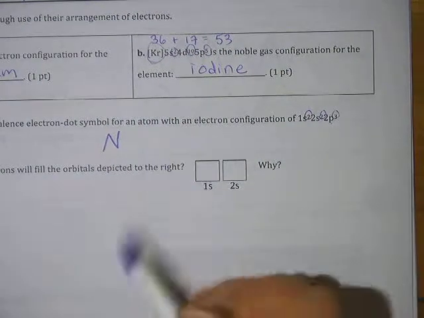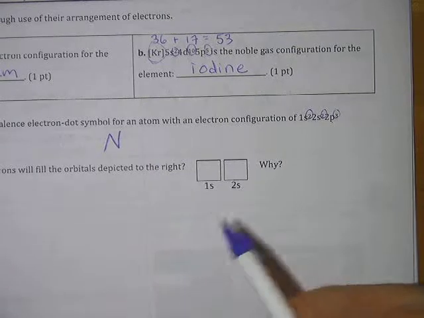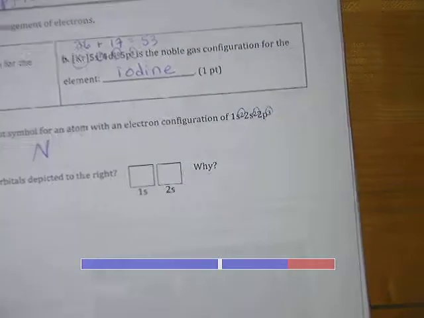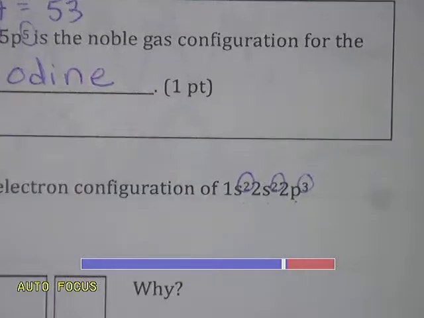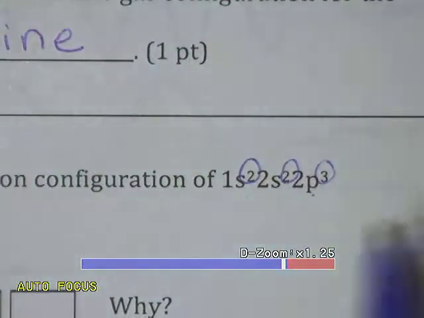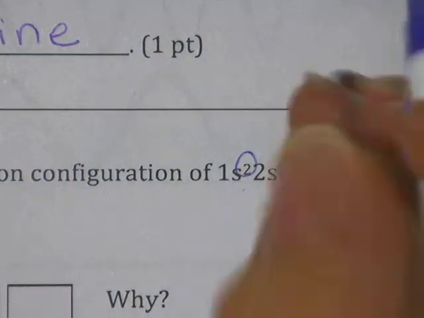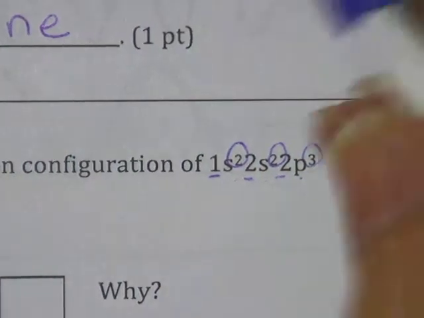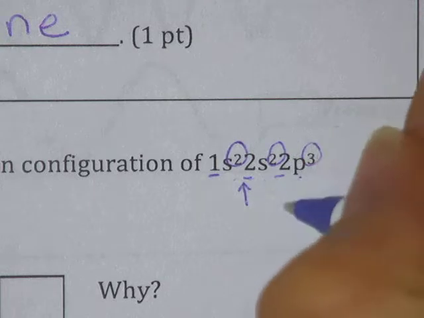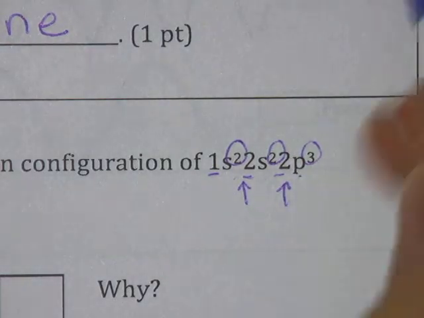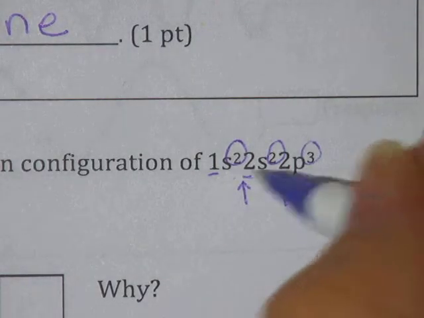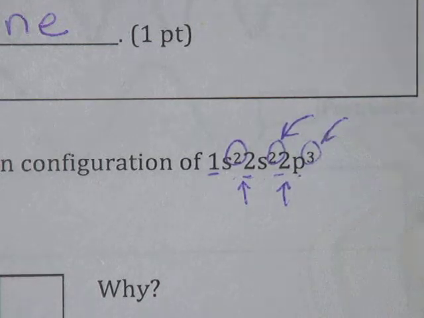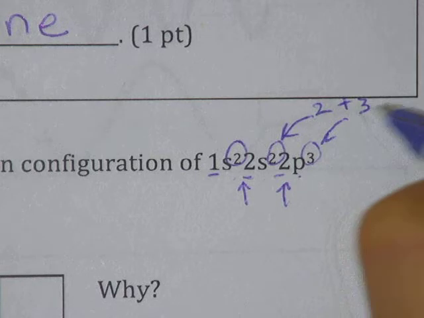And then the dot structure would be putting on the dots for its valence electrons. So if we look at the electron configuration, looking at these front numbers, 1, 2, 2, you need the biggest, which is 2. So you need the numbers of electrons in the 2 sections, which would be this 2 and this 3. 2 plus 3 is 5.